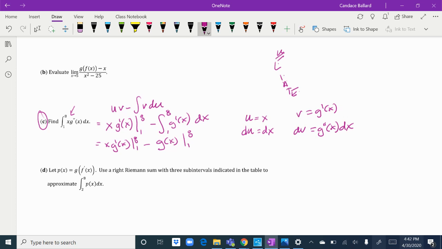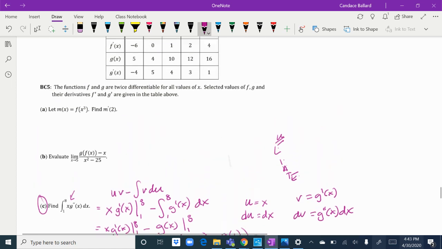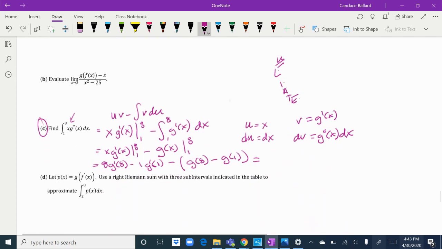All right, I am ready to start plugging in. So I'm going to start plugging in my 8 times G prime of 8 minus 1 times G prime of 1, minus big parentheses because we don't want to have a sign mistake in here. G of 8 minus G of 1. I'm going to go horizontal. I know that's not good, but I'm going to go horizontal. All right, so somewhere I must have this information. Oh, what do you know? We've got a table, okay?